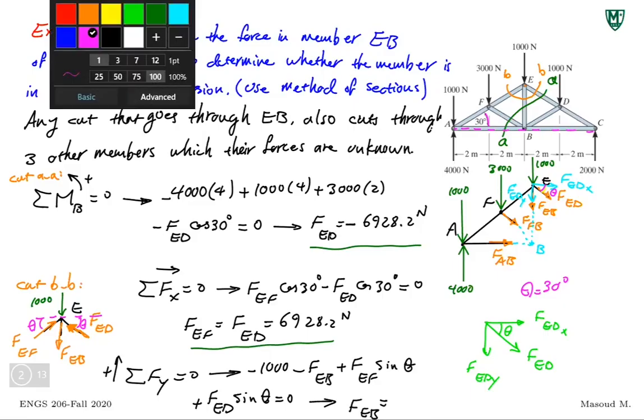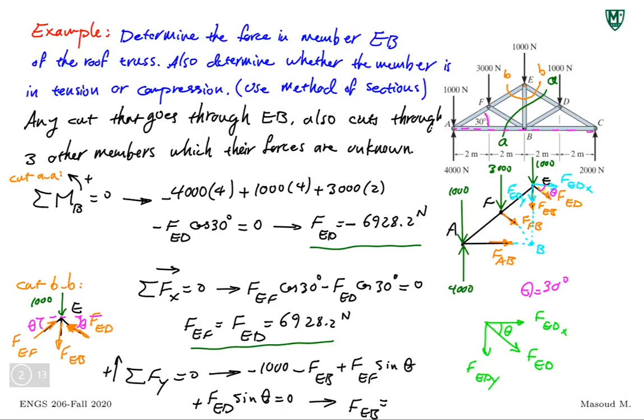Let me put the knowns there. Well, this 1000. FEF we know is 6928.2. Theta we know is 30 degrees. And FED we know is also equal to 6928.2. So since pretty much everything is equal, you do have to do the math there. I'll leave it to you guys. Newtons, right? Really cheating during solving this problem.